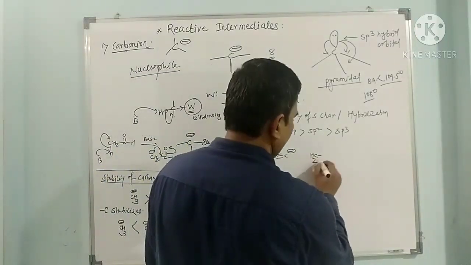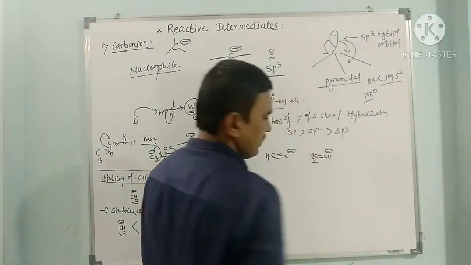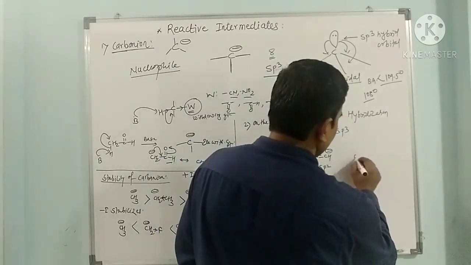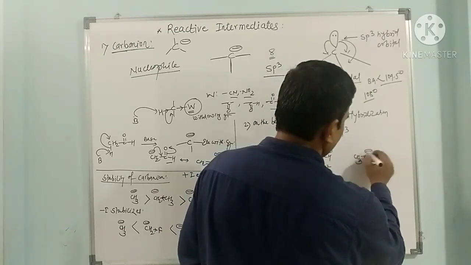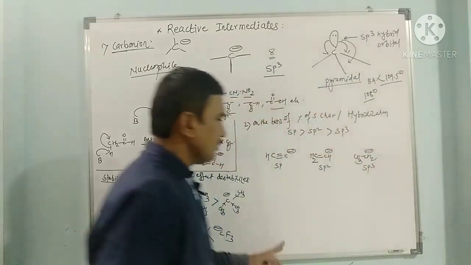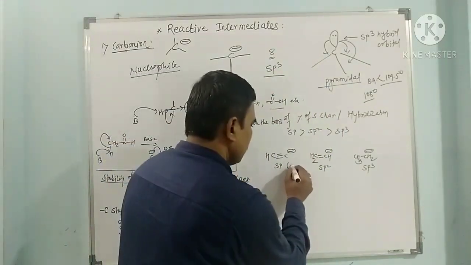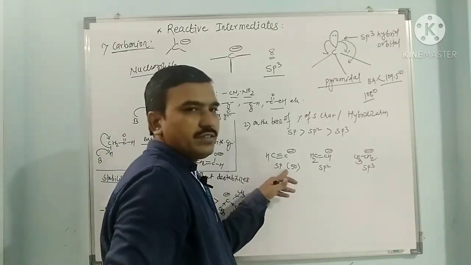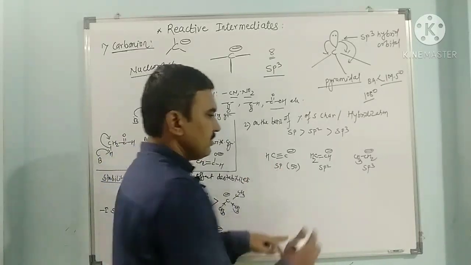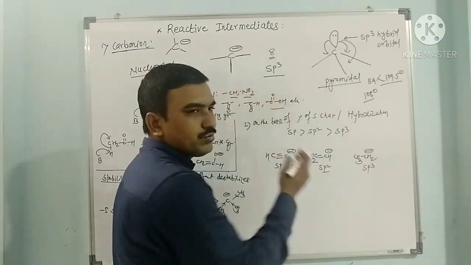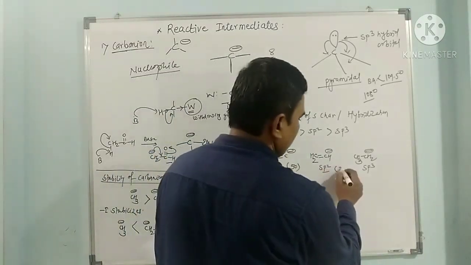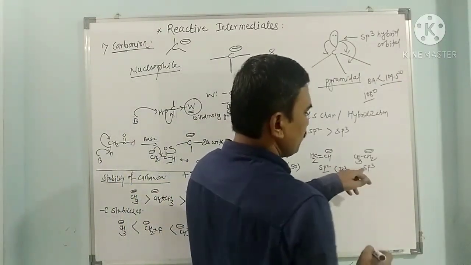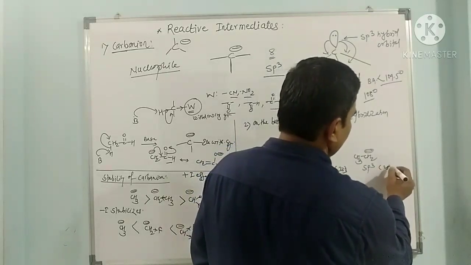When we have H2C double bond CH with a negative charge, this is sp2, and CH3CH2 minus is sp3. So the percentage of S character is 50%, because there are two orbitals, S and P, and one is S. From three orbitals, S, P2, one is S, so 33.3%. From four, one is S, so it is 25%.